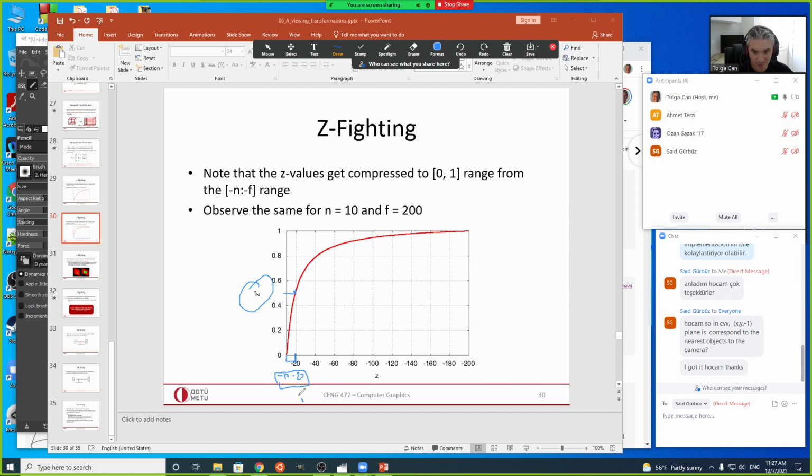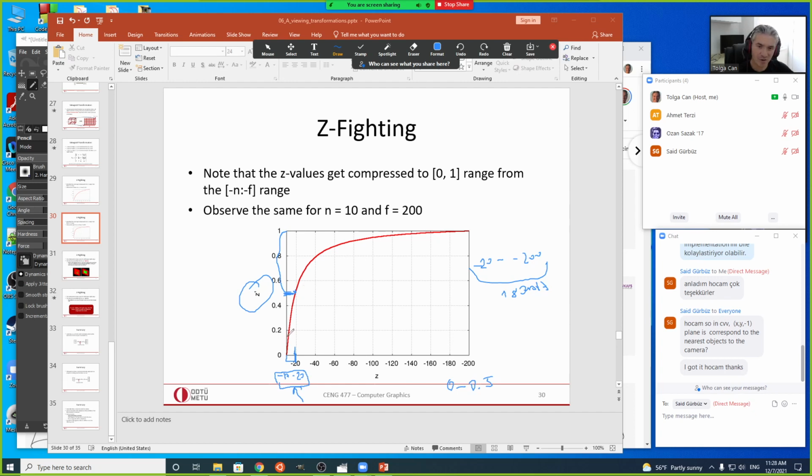Objects which are 10 units apart in your scene have depth values ranging from 0 to 0.5 in this depth space. Objects that are between -20 and -200, which occupy 180 units, occupy the rest of the z range.